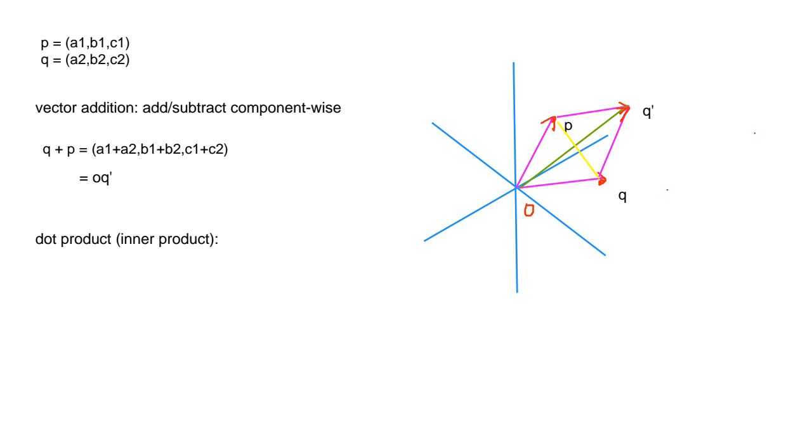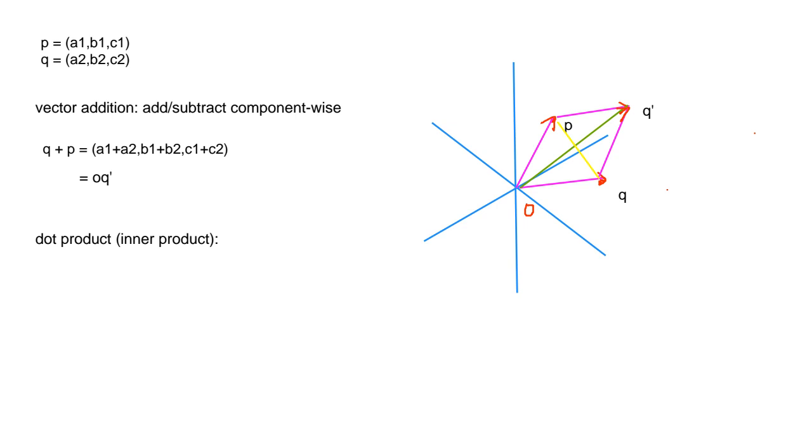So we know we add component-wise, we subtract component-wise. What's your suggestion? If we dot product, basically this is multiplication. We have two kinds of multiplications of vectors. So we would multiply component-wise.